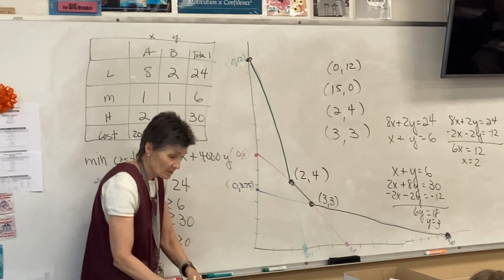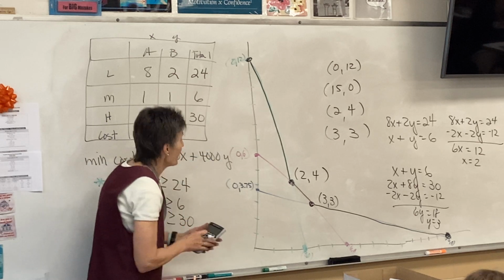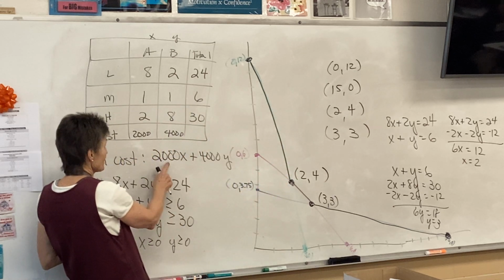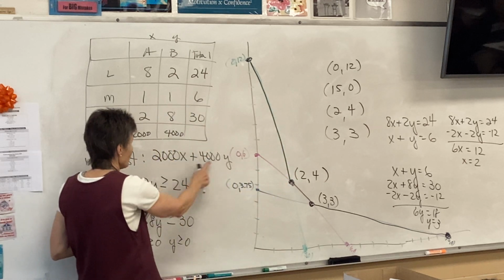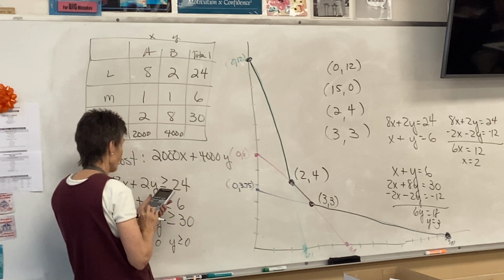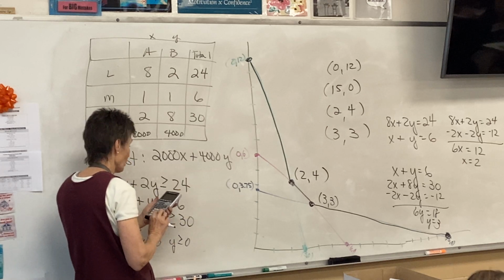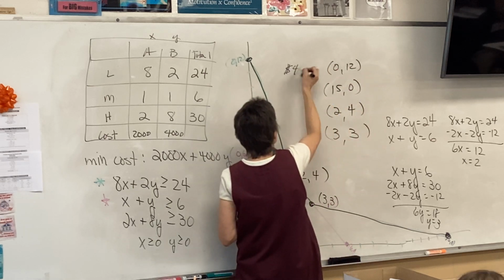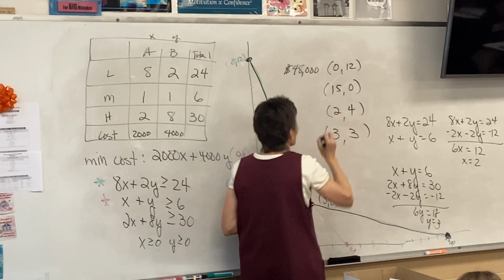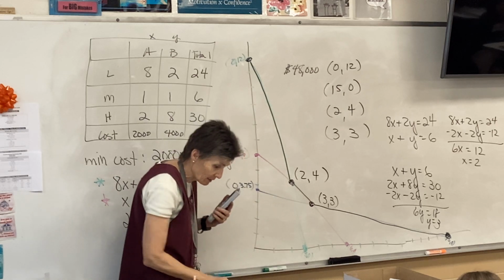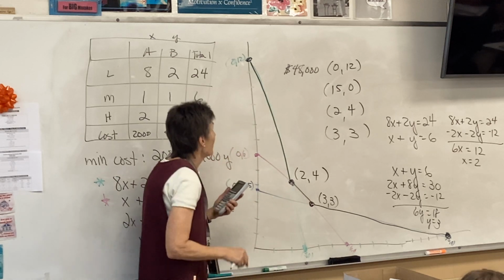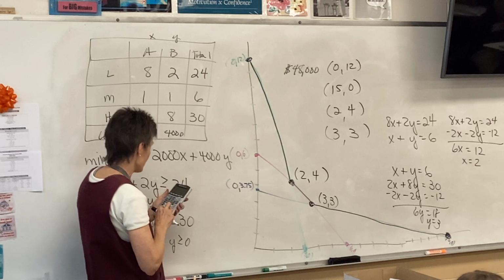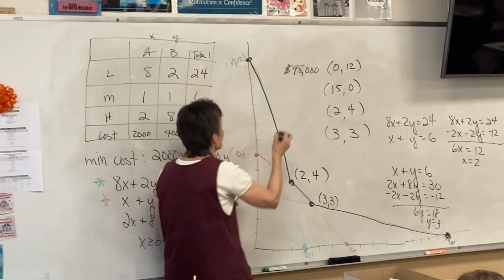All right, here we go. My answer is one of those. I want to minimize the cost. So 0, 12. Nope. So 4,000 times 12, 48,000. Must be less than. I don't think it gave me a less one. All right, and then 2,000 times 15, $30,000.